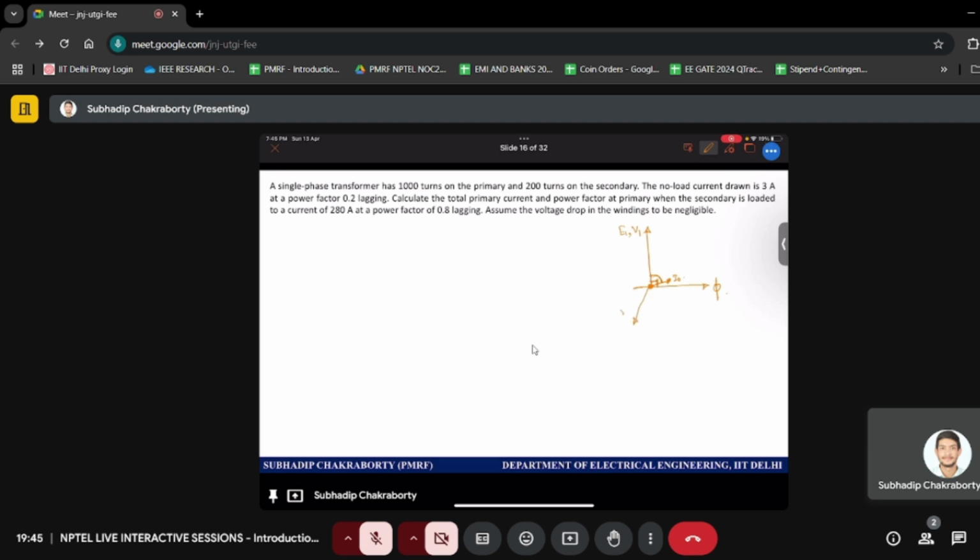the I2 dash, which is nothing but reflected as I1, and it will lead to I1 dash, right? So I1 and I2 dash are same, right?